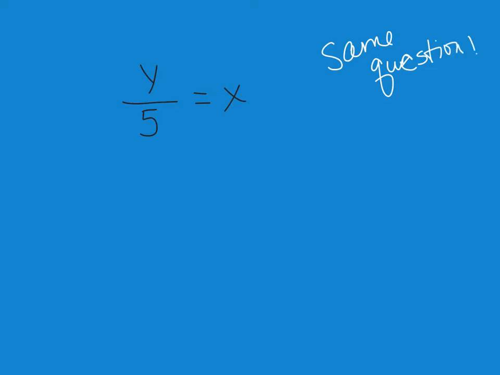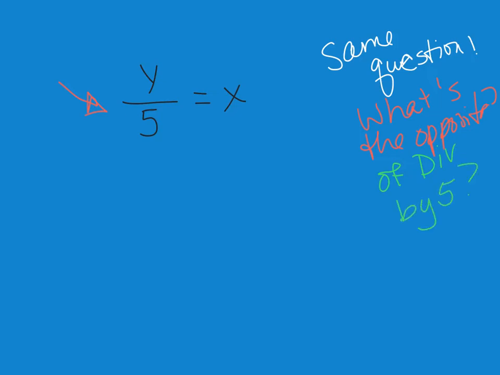What's the opposite? Now, in this case, we're not multiplying, but what's happening here? Division. So what's the opposite of dividing by 5? You should know the opposite of dividing by 5 is multiplying by 5. So I'm going to say times 5 and times 5.